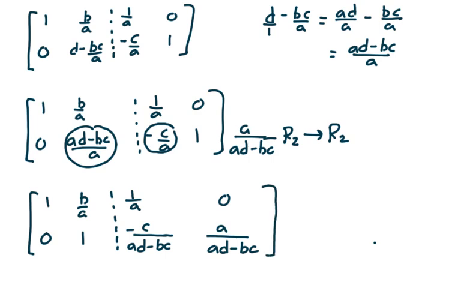Okay, we're almost done. Now, look at this. I want to turn this entry into a 0. How do I do that? Well, I'm going to take negative B over A, row 2, add it to row 1, and put the result back into row 1.